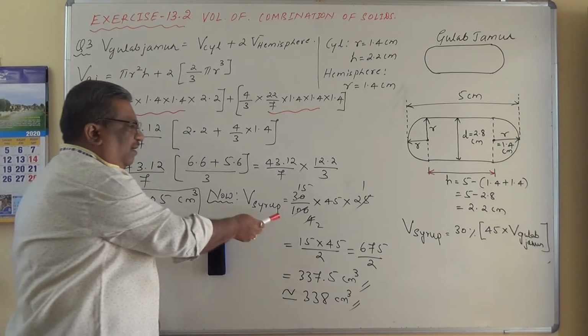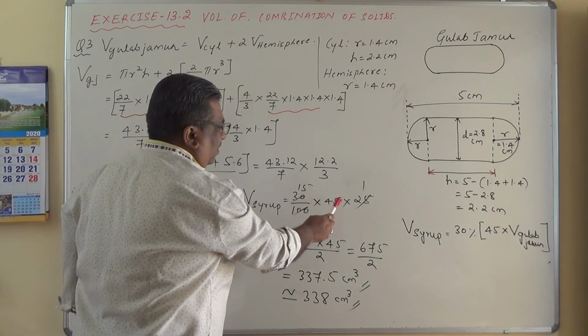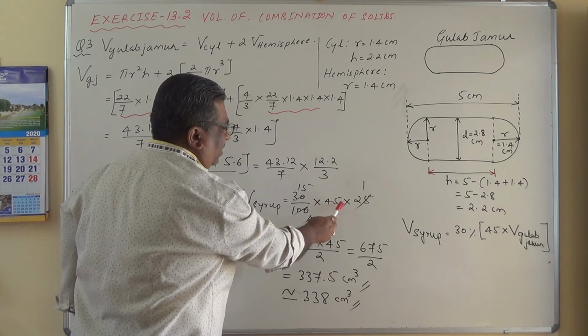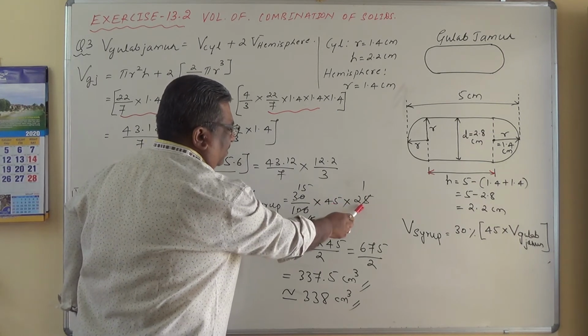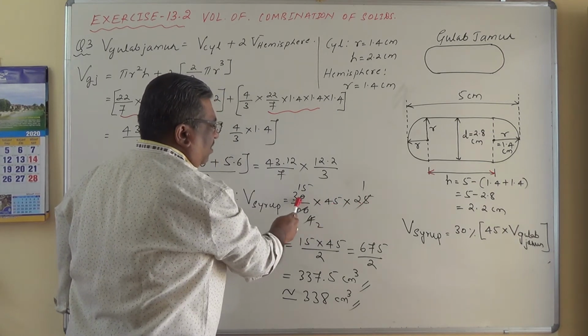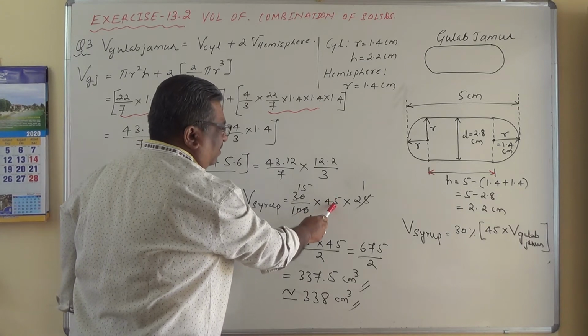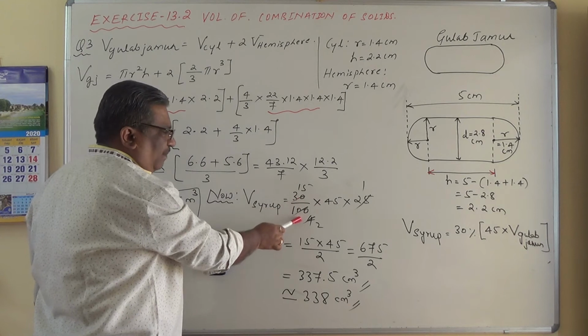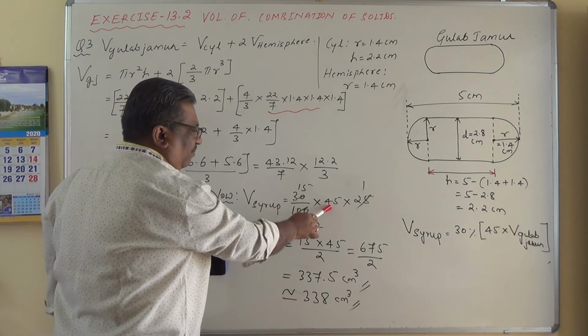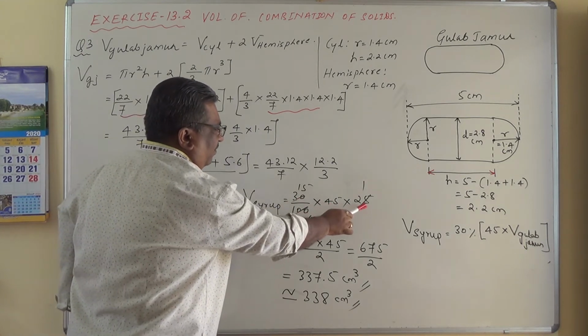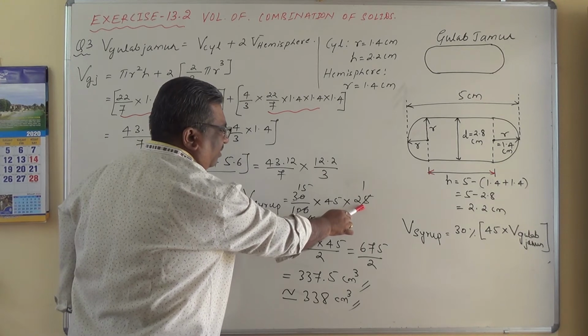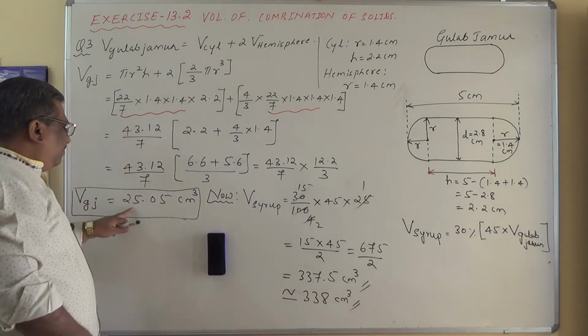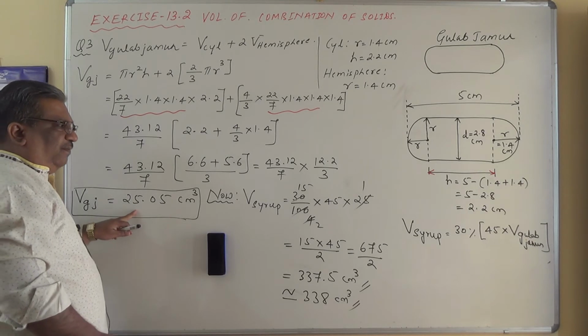So volume of the syrup is 30% of 45 gulab jamuns into volume of each gulab jamun. 30% means 30 by 100 into 45 into volume of each gulab jamun. Here instead of 25.05 I am taking only 25.